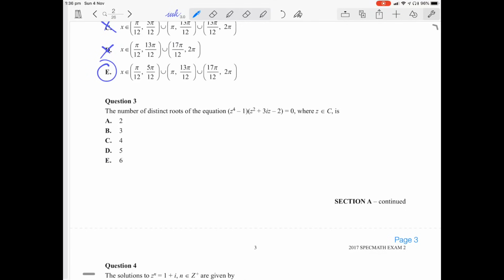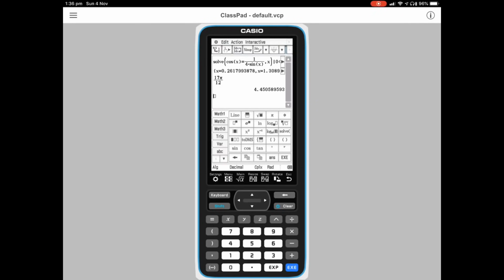The number of distinct roots of this z squared. Make sure it's in complex. Edit, clear all. It was z to the power of 4 minus 1 and z squared minus 3i z and then minus 2.